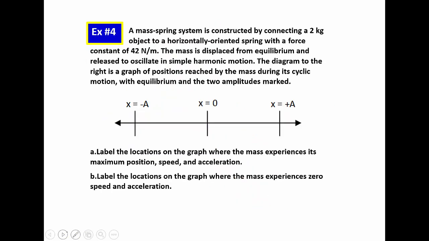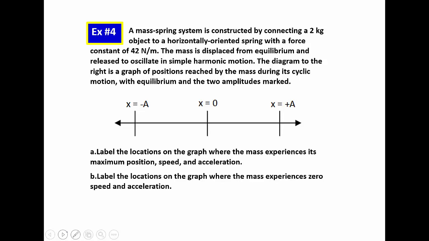We have a mass spring system constructed by connecting a 2 kilogram object to a horizontally oriented spring. They give us a spring constant of 42 newtons per meter, and we're going to displace that mass from equilibrium and release it to oscillate in simple harmonic motion. The diagram to the right is a graph of the position reached by the mass during its cyclic motion, with equilibrium and the 2 amplitudes marked.